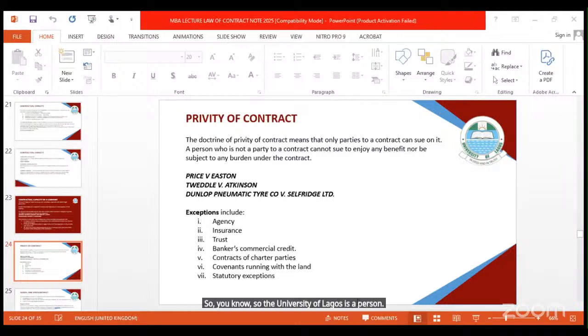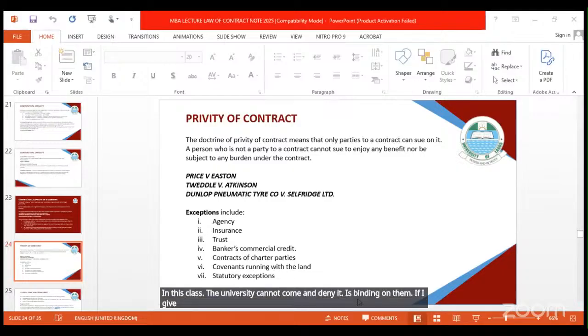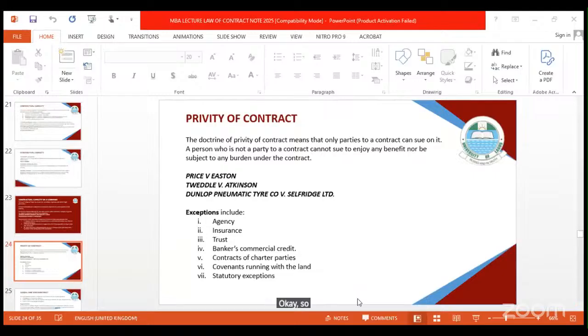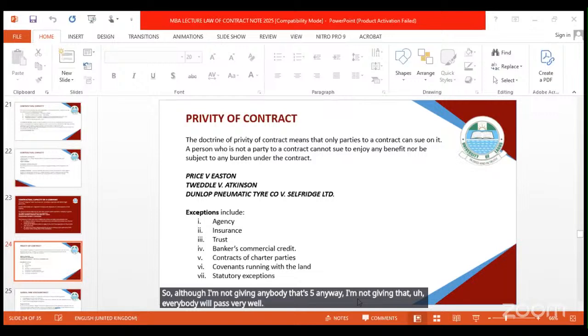You can sue it in its own name. But then my action now, or the action of university management, binds the university. So if I give you 70 marks, 70 or 100 in this class, the university cannot come and deny it. It's binding on them. If I give you 35, it's still binding on the university. They can't say, you know what, you can't do that. Although I'm not giving anybody 35 anyway, I'm just saying everybody will pass very well.